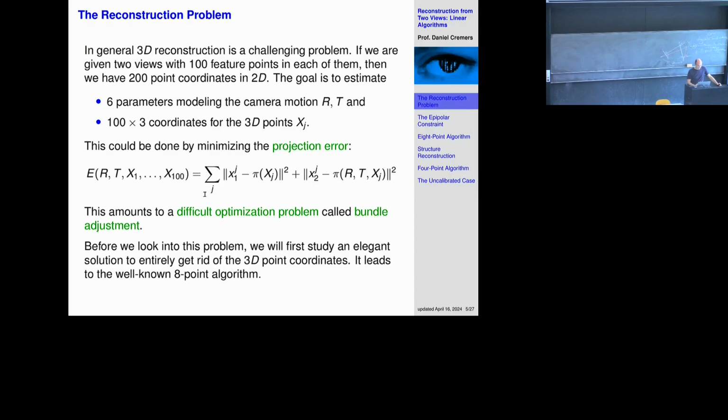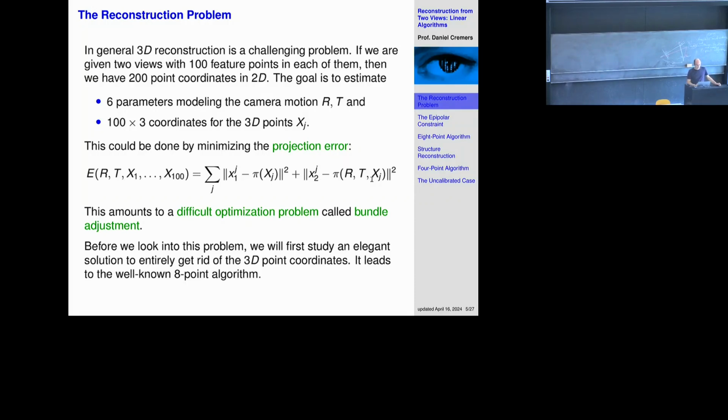So this sum, it doesn't say here, but it goes from 1 to 100. And then I say, well, the 2D coordinate of point j in image 1, this one here, should be consistent with what I get if I project that point down into the first image.